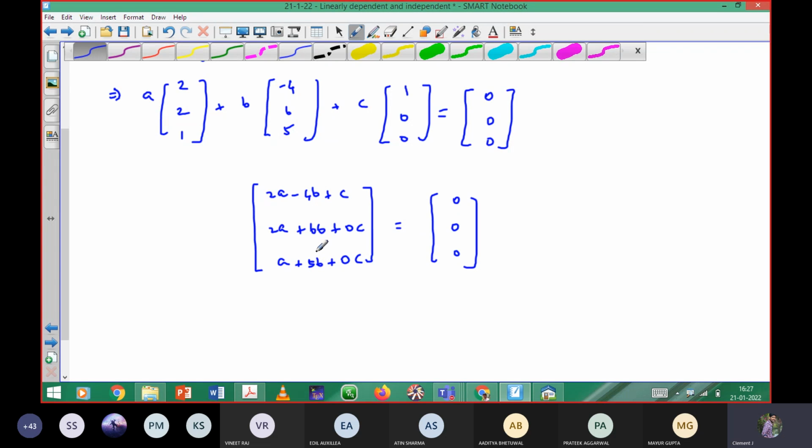By solving using the method of Gauss elimination, you can conclude whether it is linearly independent or dependent. Have you understood this method? Yes, sir. Okay, so I hope you can complete the remaining steps. I'm leaving 1 minute of work to you.